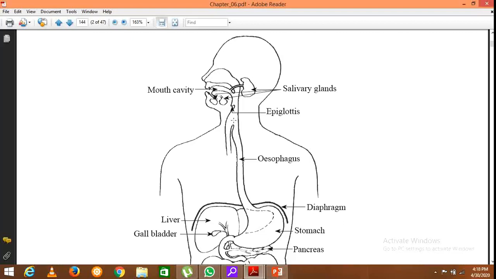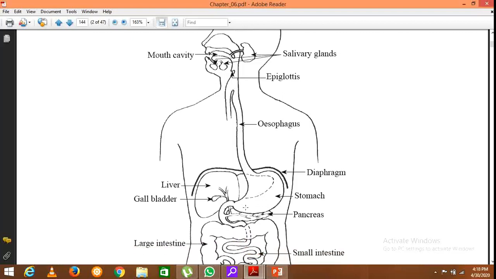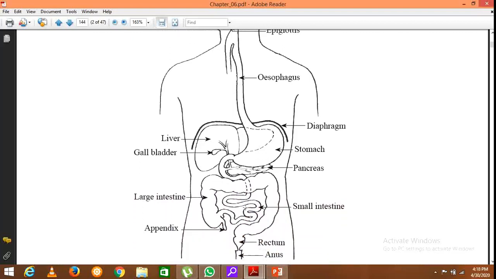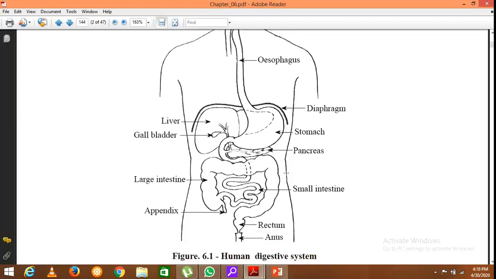And here you can see there is a common chamber for both respiratory tract and digestive tract, that is known as the pharynx. Then the esophagus is a tubular structure again, and then you can find the stomach, which is also a muscular structure which is like a sac.